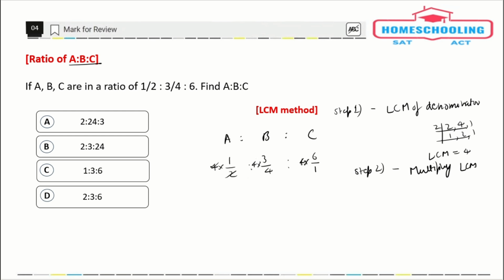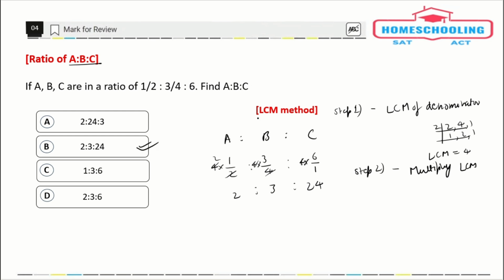So this will go 2 times, so 2. This one would be 3, and this one would be 6 into 4, 24. So your ratio would be 2 is to 3 is to 24. So option B is your correct option.